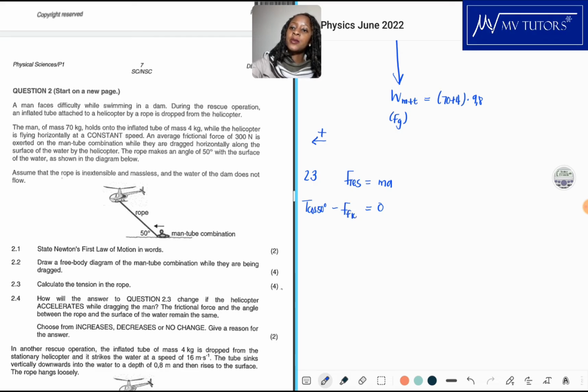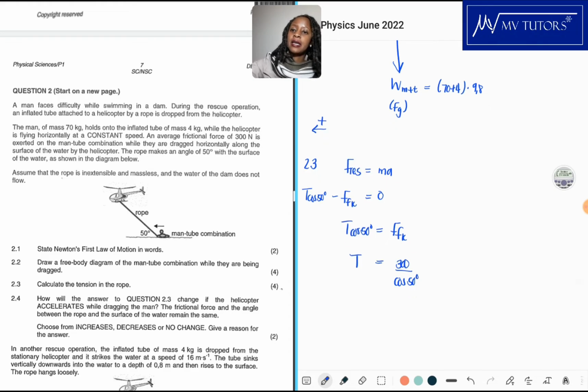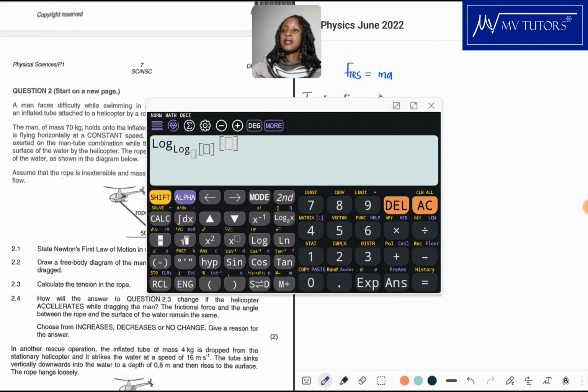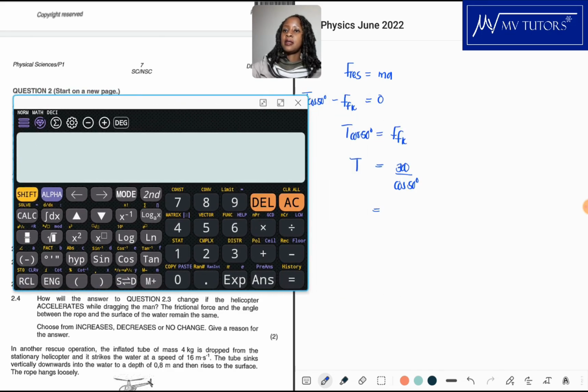So basically T cos 50 would be equal to the friction force, and the friction force, they told us, is 300 Newton. So we have T equals 300 all over cos 50 degrees, and your answer will be in Newton, because we are calculating force, and that's the tension force.